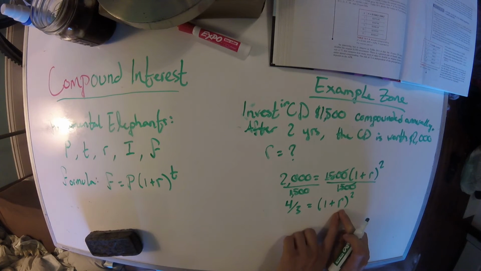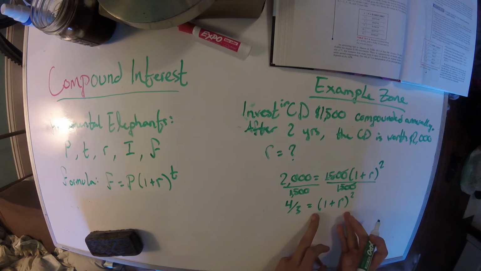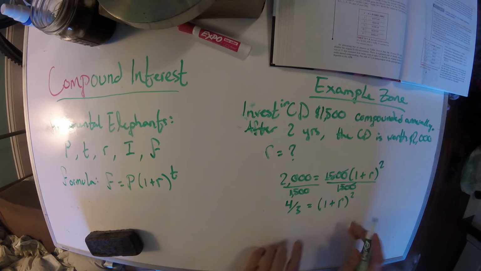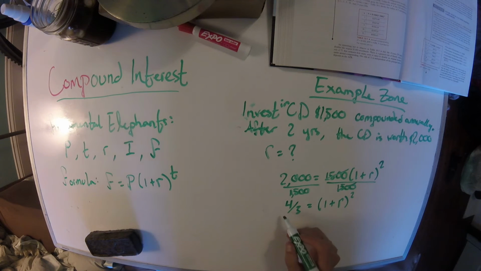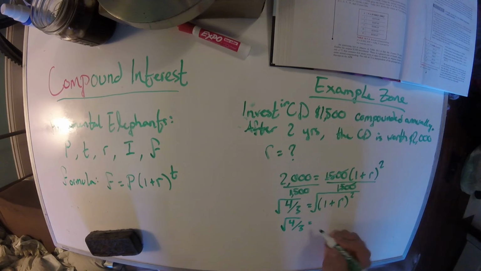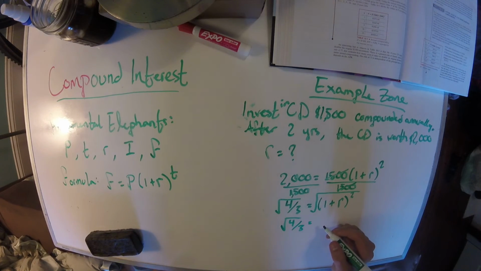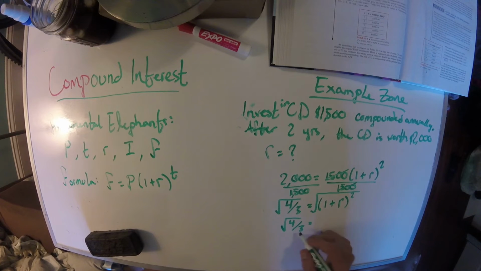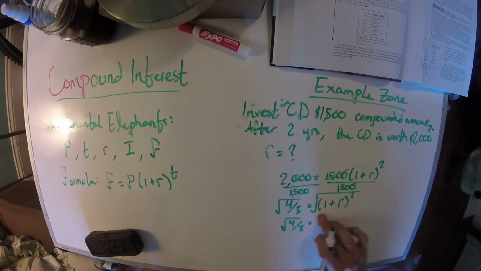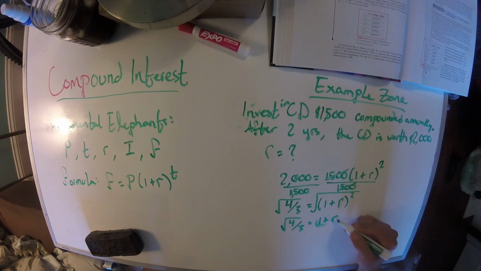And now, to solve for R, really we need to solve for 1 plus R. And so to do that, we can take the square root of both sides. And so square root of 4 thirds is equal to 1 plus R, right?